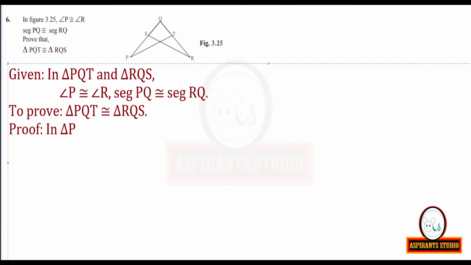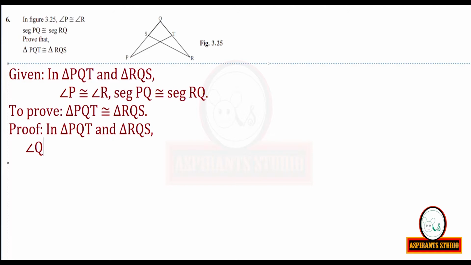In the figure 3.25, angle P is congruent to angle R, segment PQ is congruent to segment RQ. We have to prove that triangle PQT is congruent to triangle RQS. In triangle PQT and triangle RQS, angle PQT is congruent to angle RQS because it is common angle. Before that, what is given we can see.